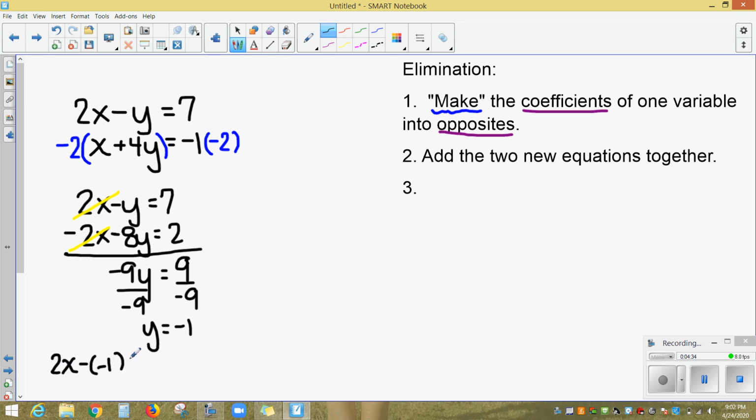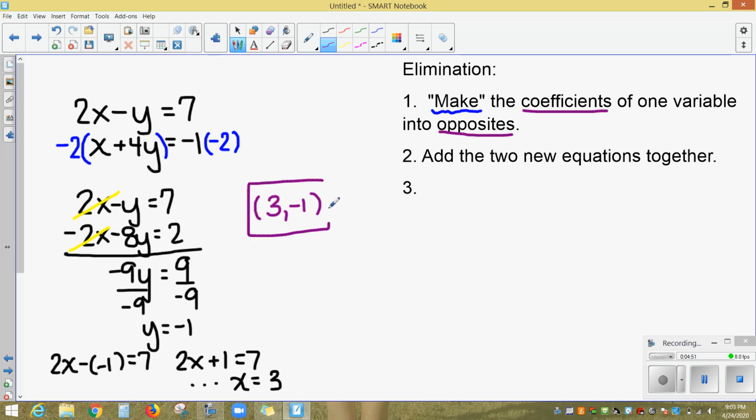It doesn't matter which one. I can solve it for x. I can find out x equals 3. Once I know the y and I know the x, I put them in the correct order, x comma y, and I leave my solution written as an ordered pair.